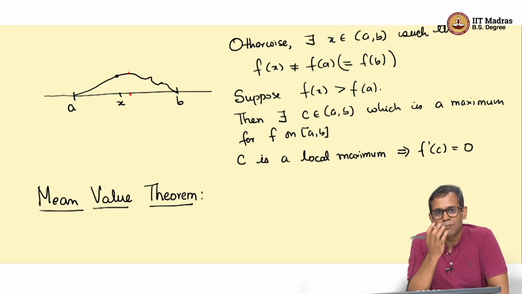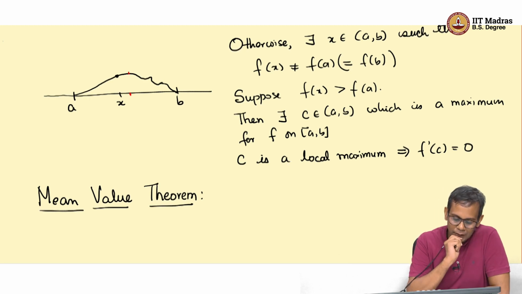In this theorem, we somewhat weaken the hypothesis of Rolle's theorem. We no longer require that f of a is equal to f of b.